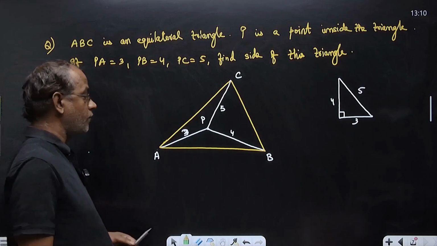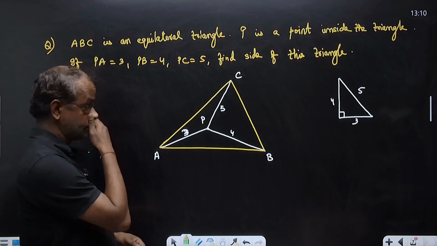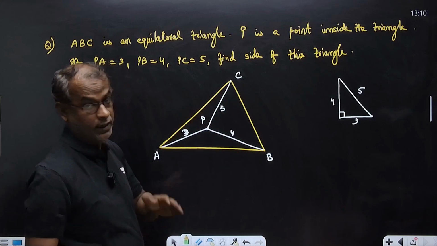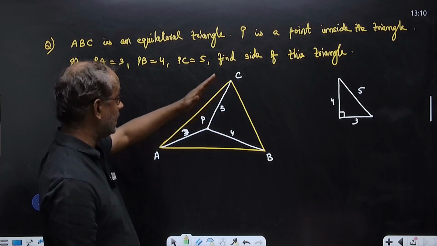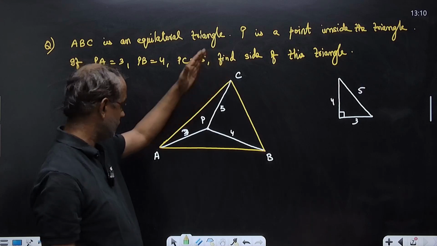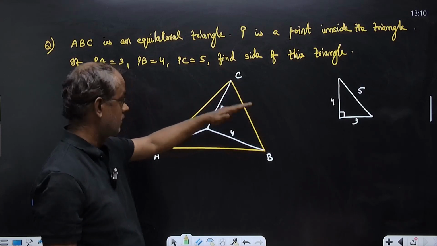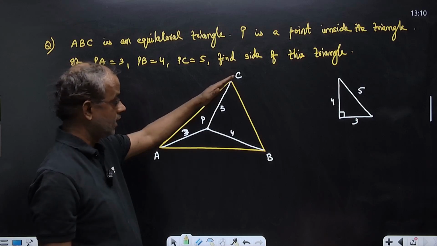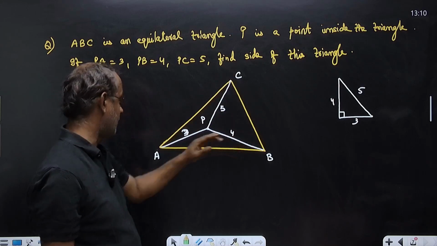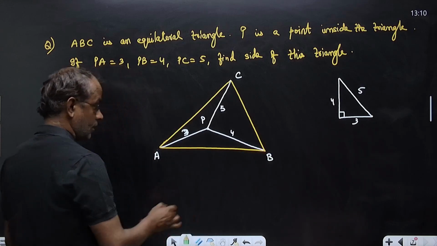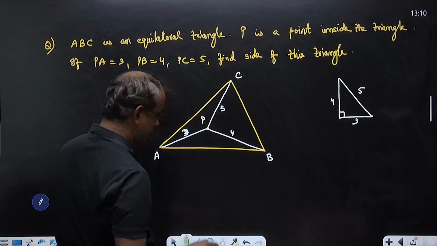So, if you look at it very carefully, this distance is 5. Now, just look at it. It's a fantastic idea that if this is rotated by an angle 60°, this is AC, I rotated by an angle 60° about A. C will come to point B, B will get rotated by 60°.